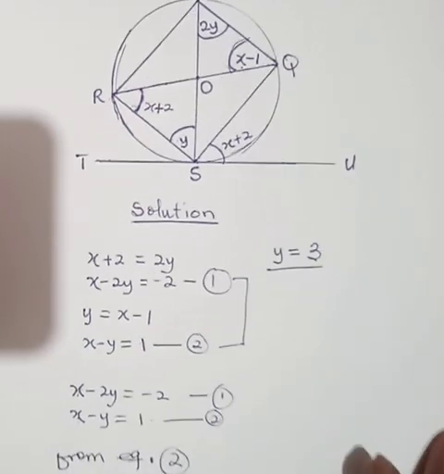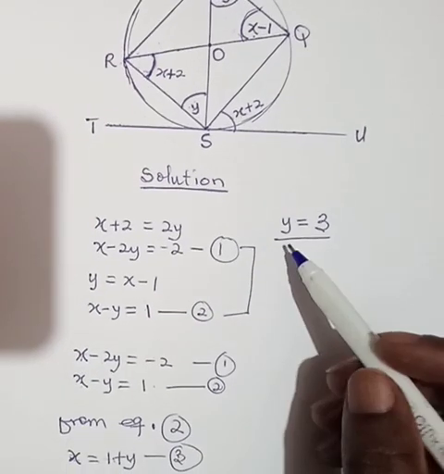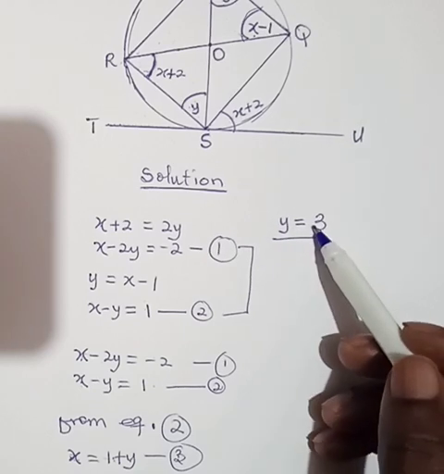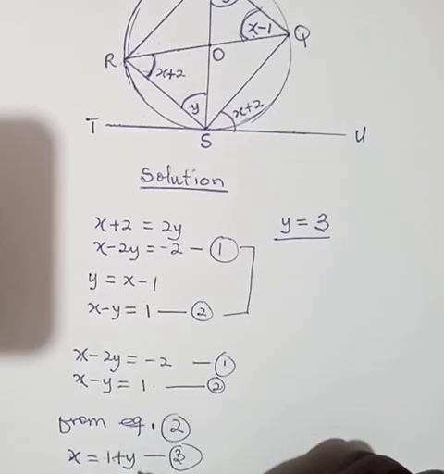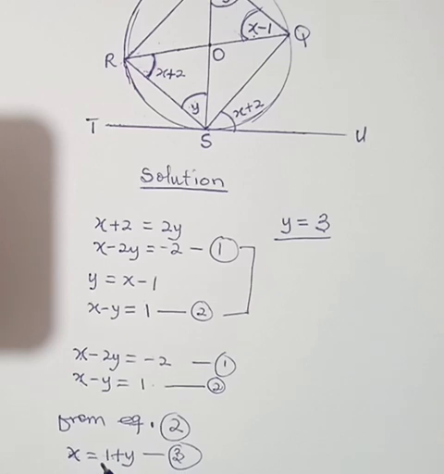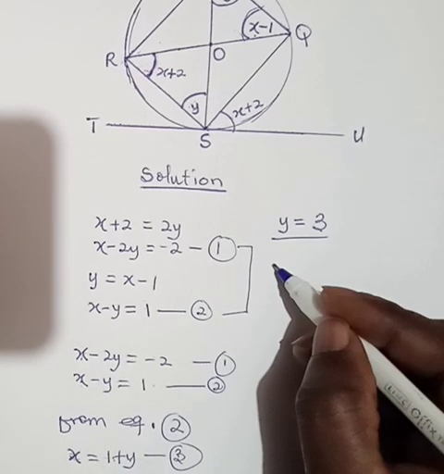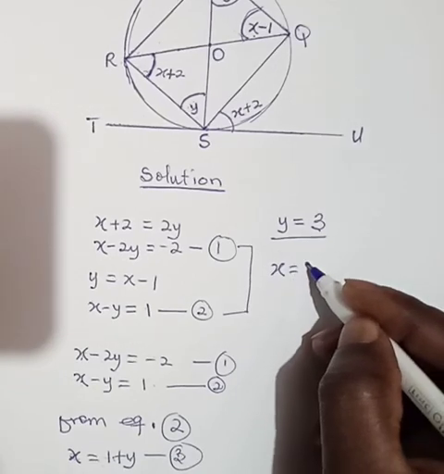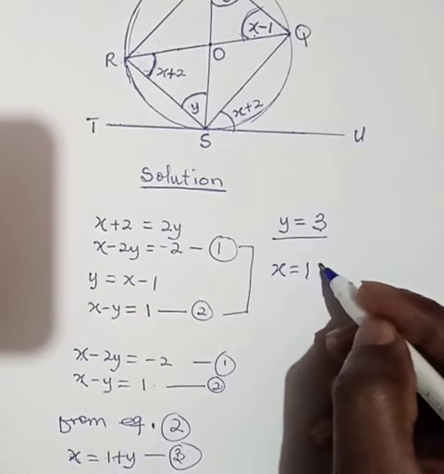So how do we find the value for x? What I will do is substitute y is equal to 3 into any of the equations. Which of them? I have this equation 3 here, which is very simple. So let me rewrite equation 3 again, which is x is equal to 1 plus y.